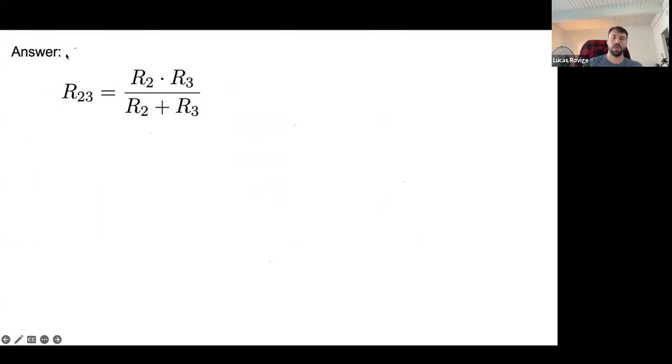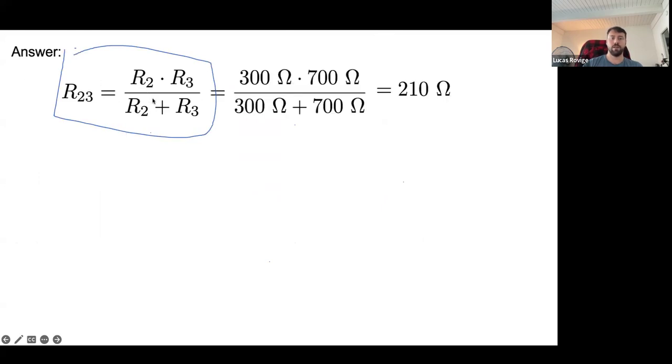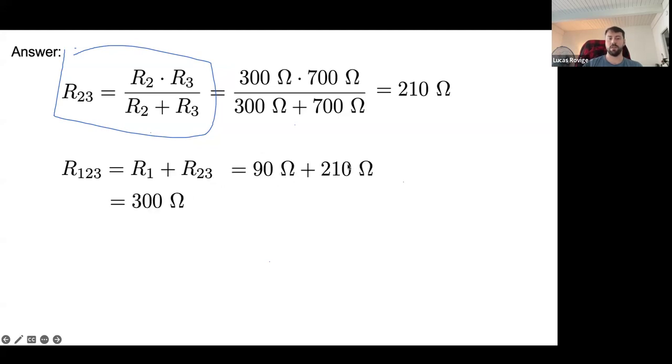So R23, using this formula we've seen for parallel resistors, is going to give us 210 ohms. And then R123, which is the equivalent resistance for all of these resistors, is just the sum of R1 and R23. And so that gives us 90 ohms plus 210 ohms, so 300 ohms.